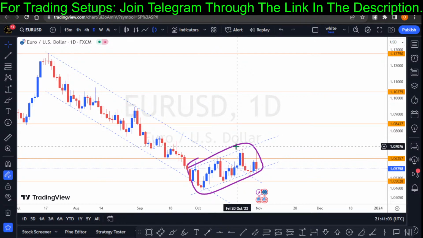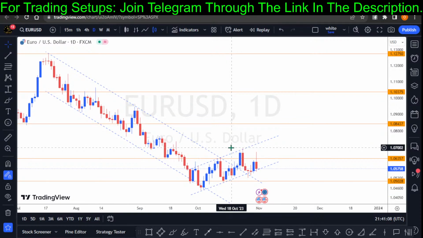Currently, Euro USD is on my watch list, and I haven't yet seen any signal to execute any trade right here. But based on what I can see on the higher time frame, there are a lot of strong technical reasons that the bulls have a higher tendency to set in and exercise their interest in the month of November. Happy new month to you guys.